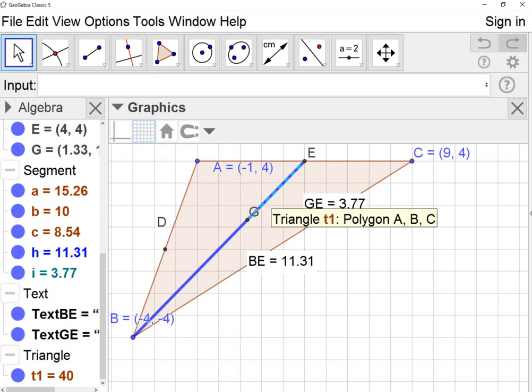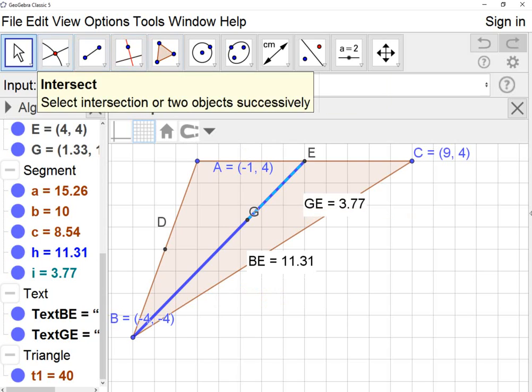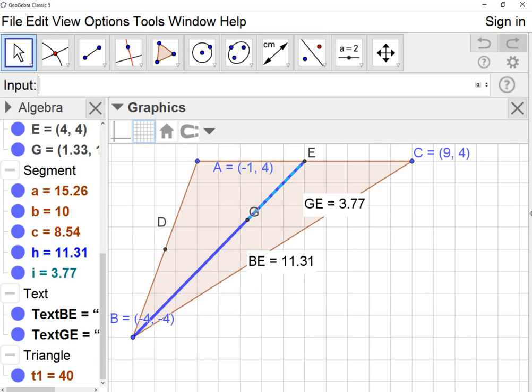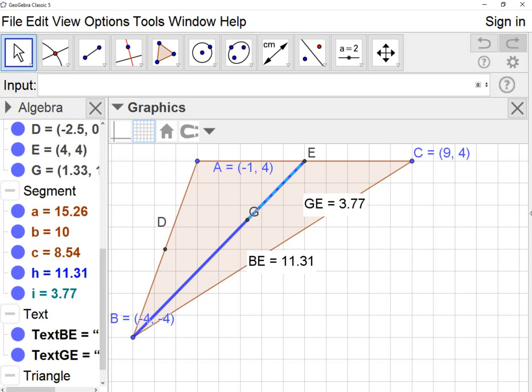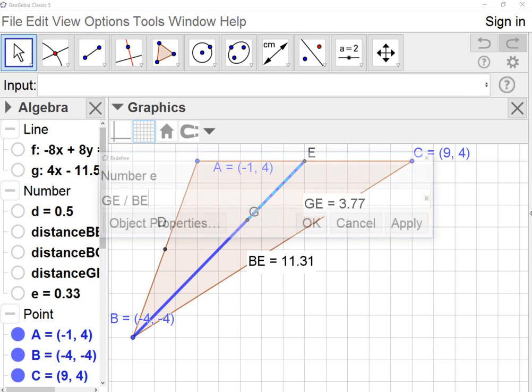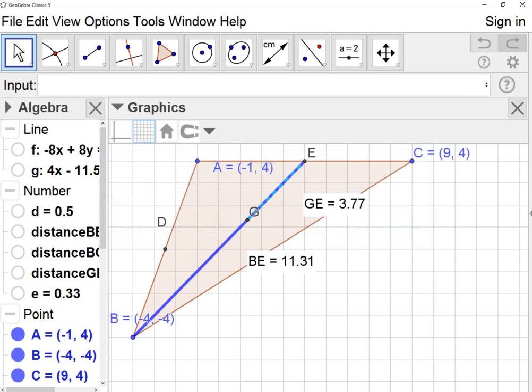If I were to take those and divide them, GE divided by BE, you see right there, it is this number right here: 0.3333333333. What's 0.33333333 as a fraction? 1/3. So what that's telling me is that this GE is 1/3 of the entire median.